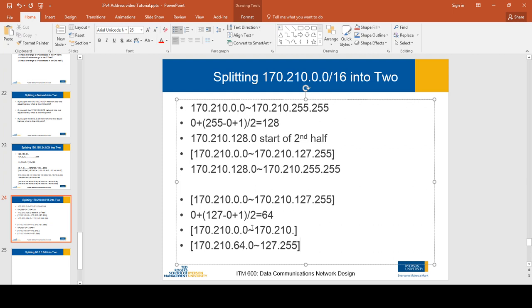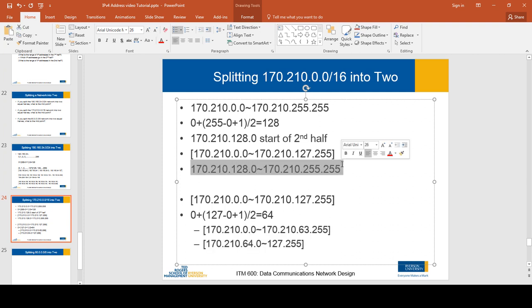And then the end of the first half is one address before this IP address. So what is one address before this IP address? It's not 63.0, it's 63.255, and the very next IP address of 63.255 is 64.0. So if you split this range into two equal halves, I got these two. Now you can also split the other half. Alright.